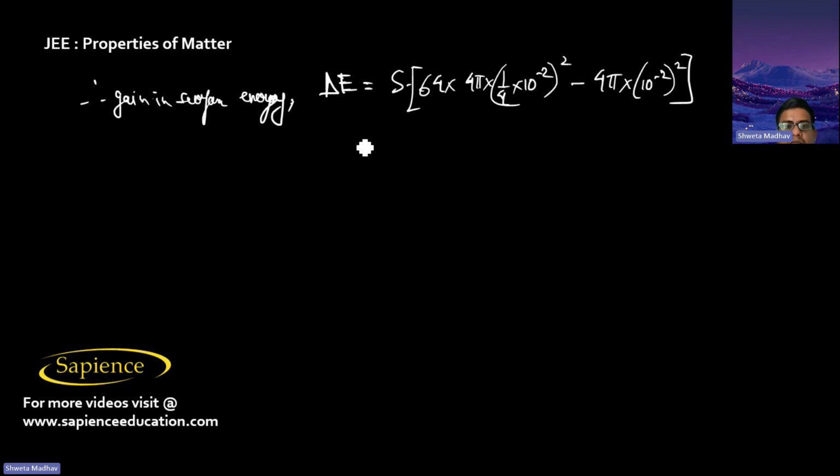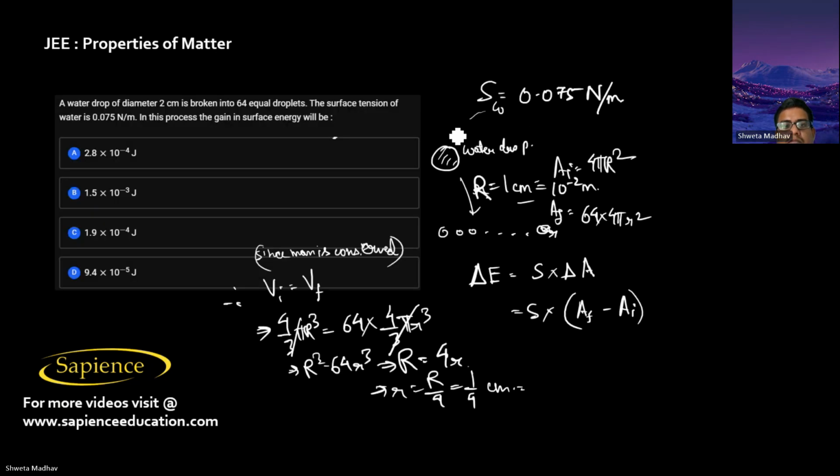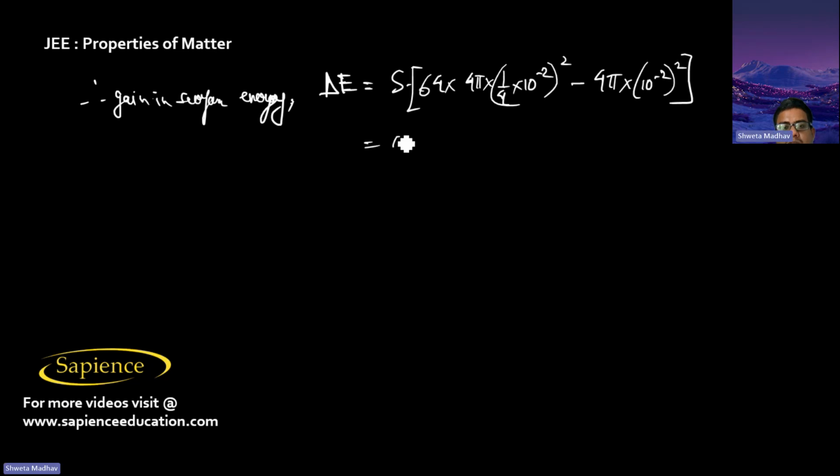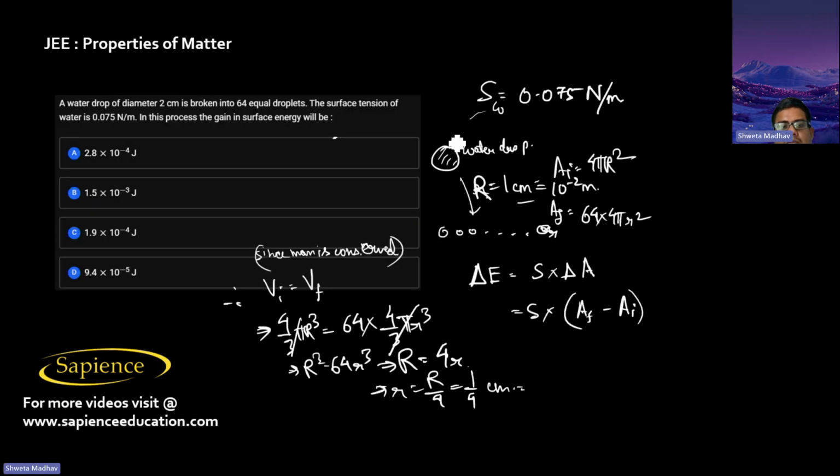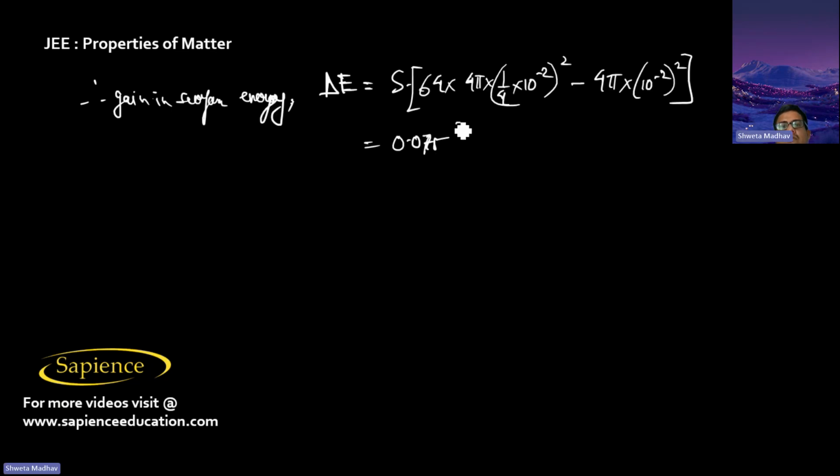S is 0.075 Newton per meter. It is 0.075 into 64 into 4 pi into 10 power minus 4 divided by 16, minus 4 pi into 10 power minus 4. This will be 16 for the 64.